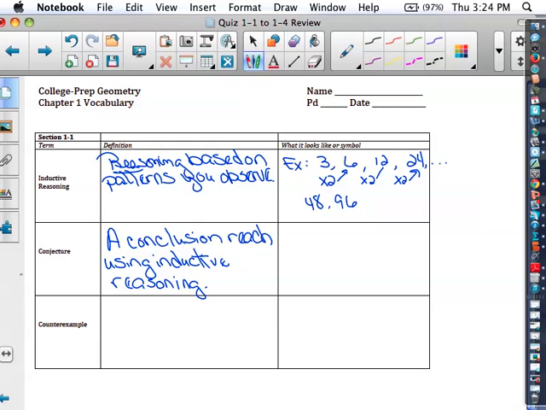Okay, and so for this example for inductive reasoning, I came to the conclusion that if I multiply a number by 2, I will arrive at the next number. So from this example, if I multiply a number by 2, I get the next number.